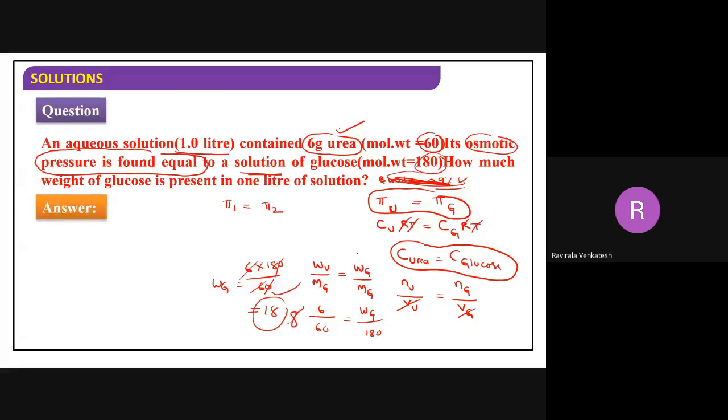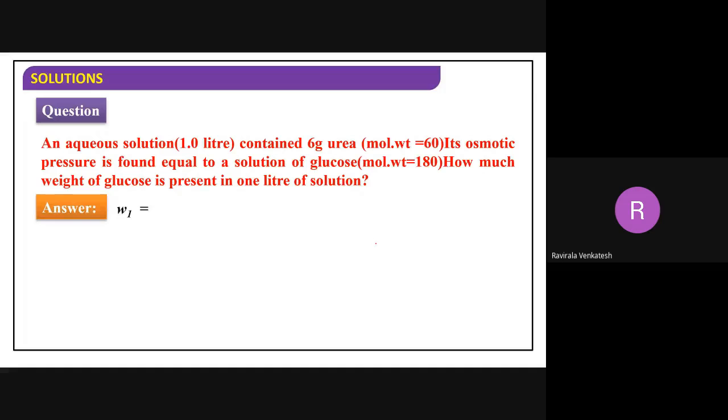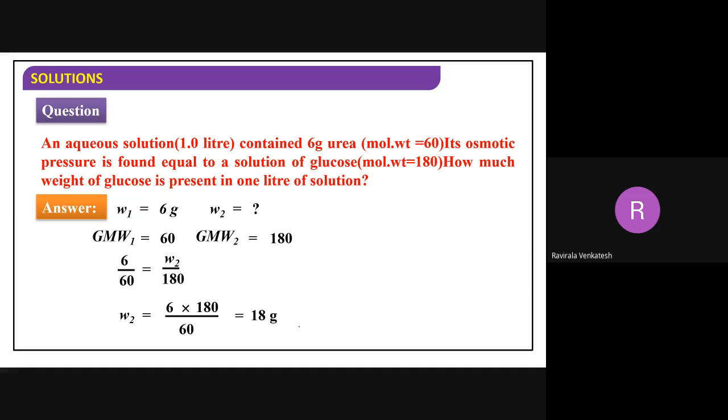With this we can easily calculate the weight of the glucose. How much do we get, beta? 18 grams. This is the answer. Very simple problems these are. Whenever they give isotonic solutions, C1 will be C2, V1 will be V2. When you take pi 1 equal to pi 2, C1 equals C2, V1 equals V2.